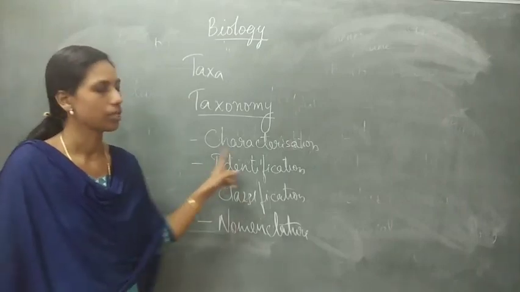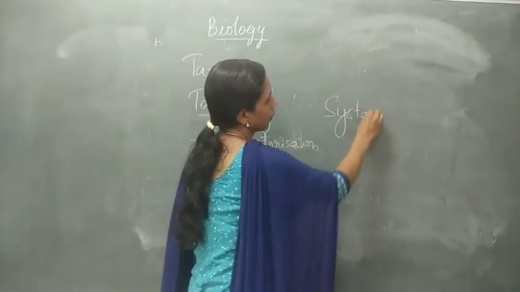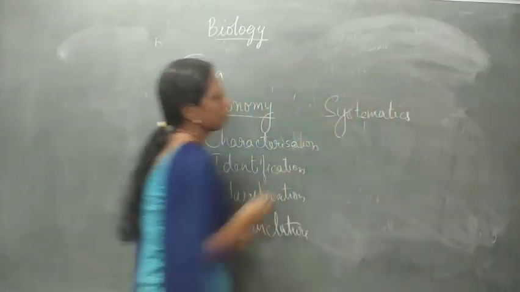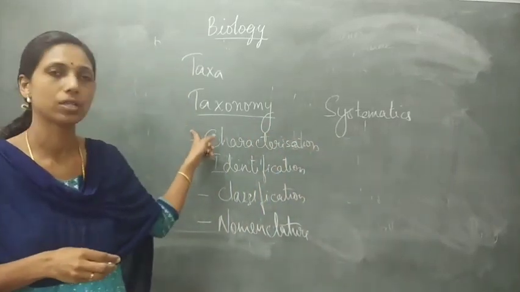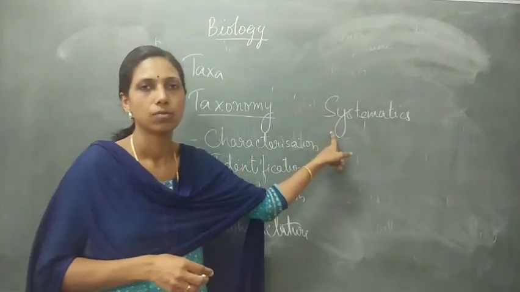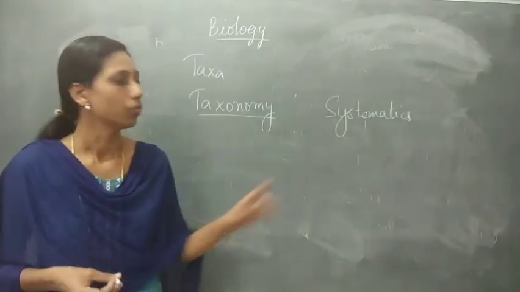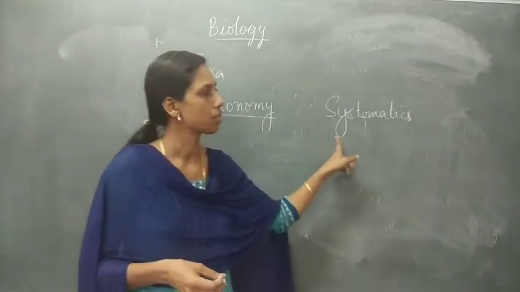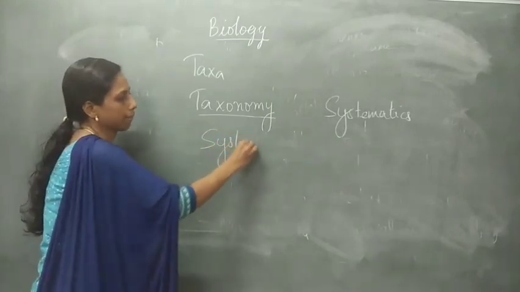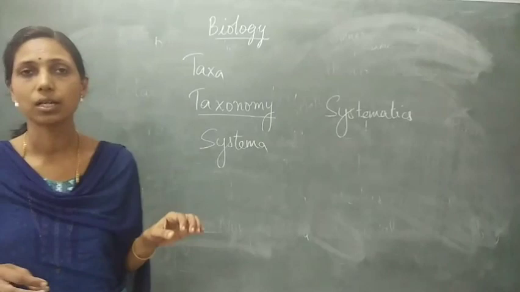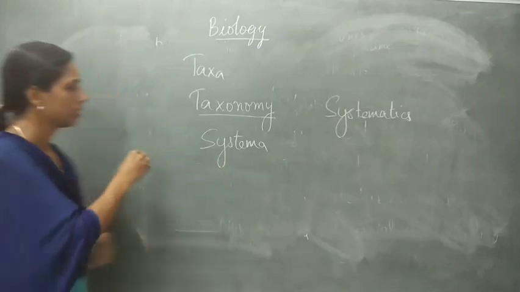Okay, and the branch of science which deals with classification is called systematics. So the process of classification is called taxonomy, and the branch of science is called systematics. The word systematics came from a Latin word, systema, that means systematic arrangement of organisms. So the word systematics comes from the Latin word systema.